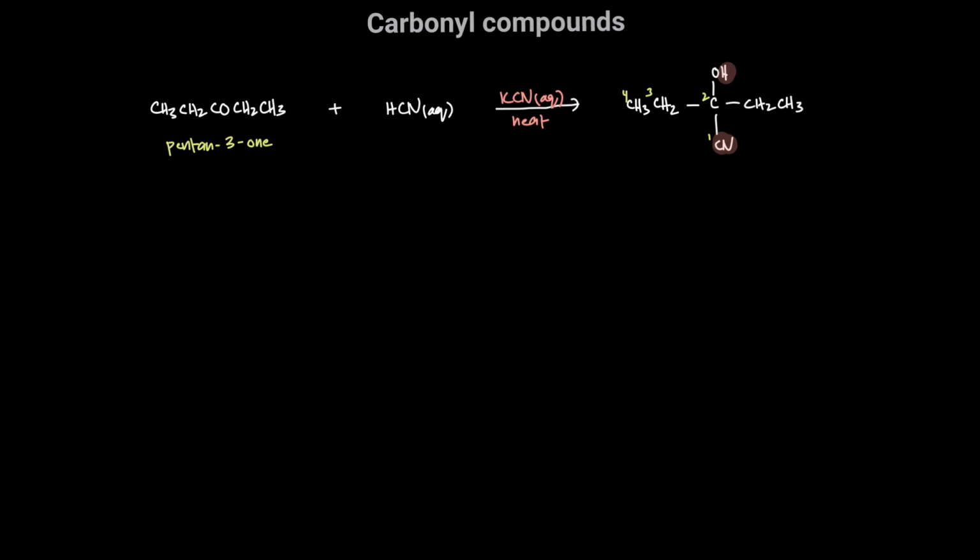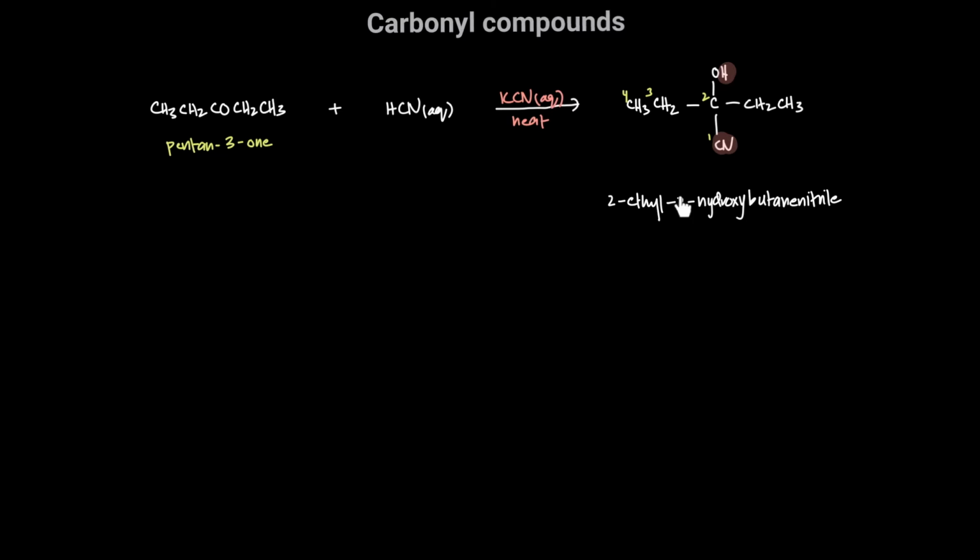So that's butanenitrile. And then we have an OH group and an ethyl group on carbon number 2. So this would be 2-ethyl, 2-hydroxy, butanenitrile.